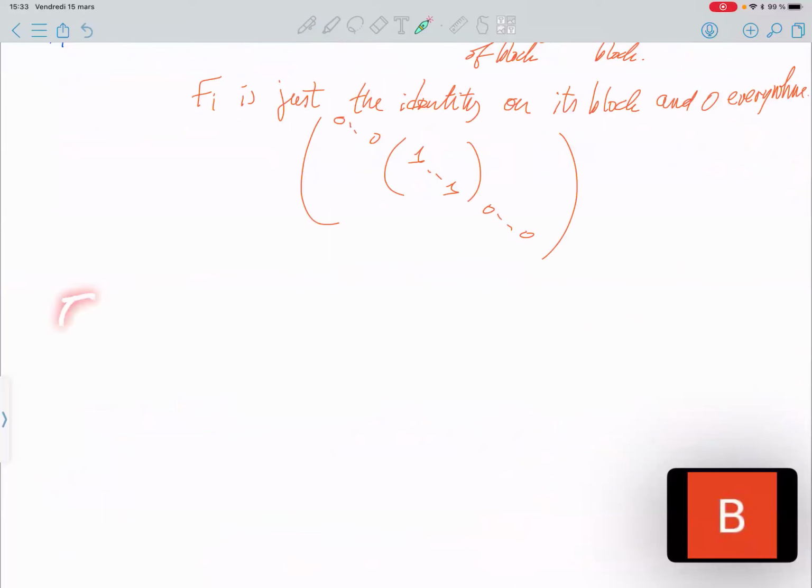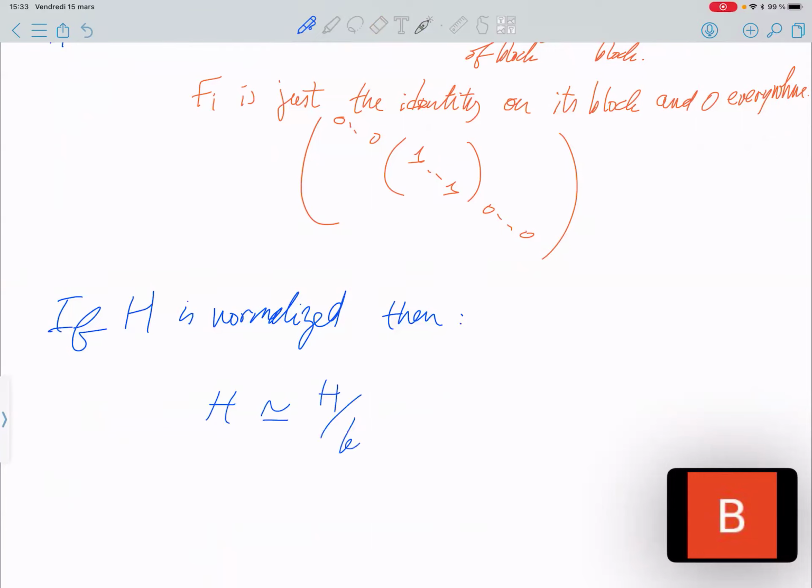If H is normalized, then H is isomorphic to C of mu0, as an algebra.